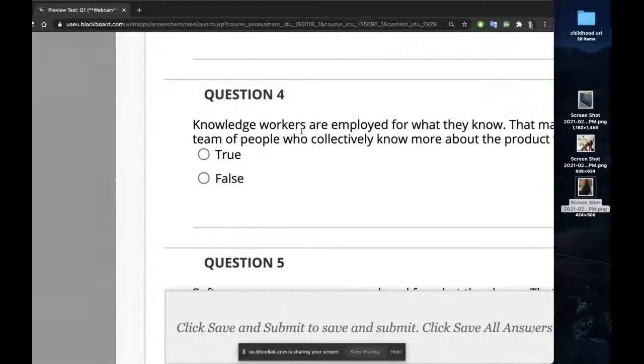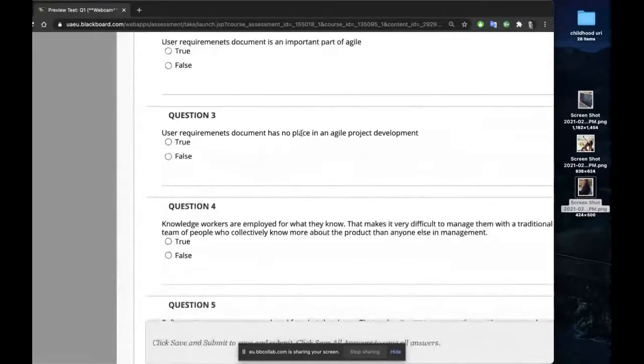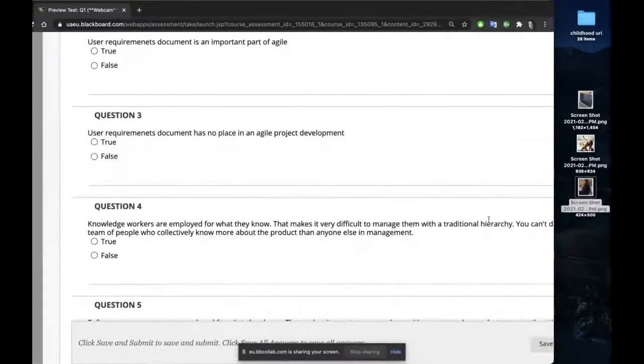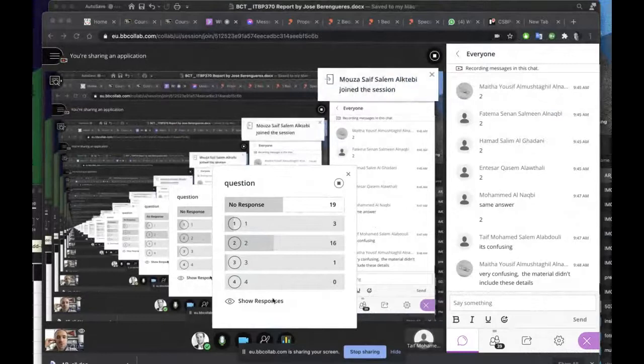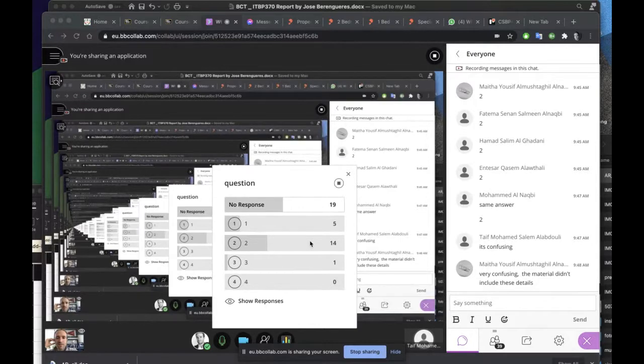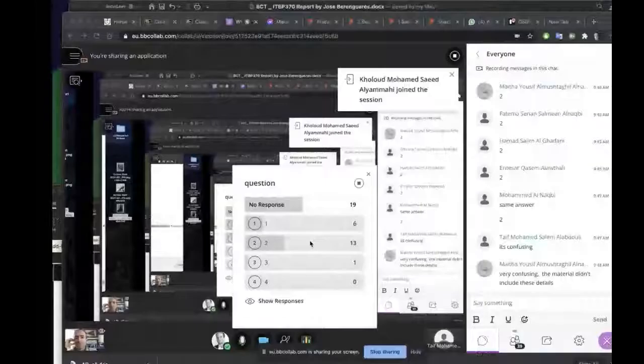True or false? The key here is it's hard to manage them with traditional hierarchy. This means waterfall. True or false? Okay, so we have option 1 or 2. So the answer here is, Taif, what do you think?